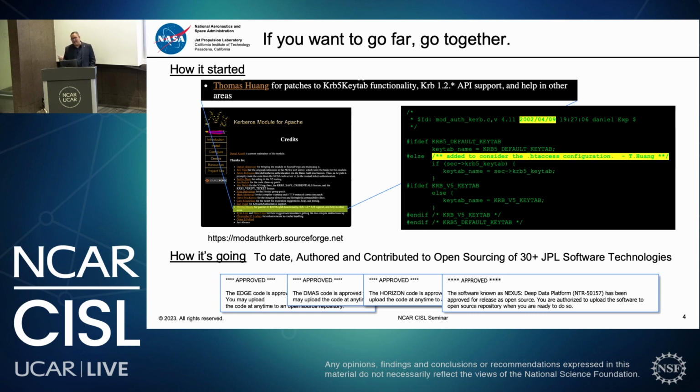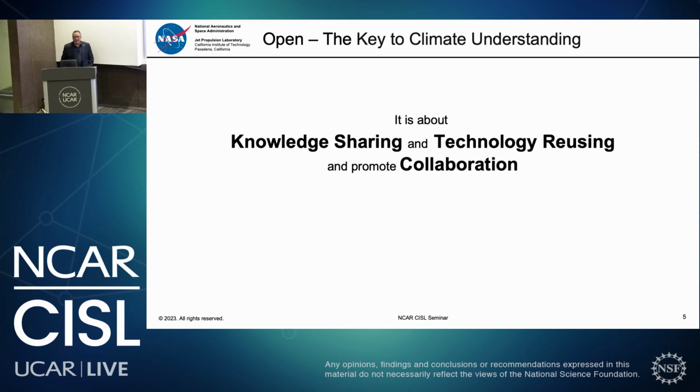To me, the only way you can further or mature a solution is to open it to the rest of the world so people can help you improve it. The key, especially for climate research and understanding, is about sharing our knowledge, reusing our technology, and really promoting this idea of collaboration. No one can have all the solutions, but I think collectively we can get a little bit better at it, right?